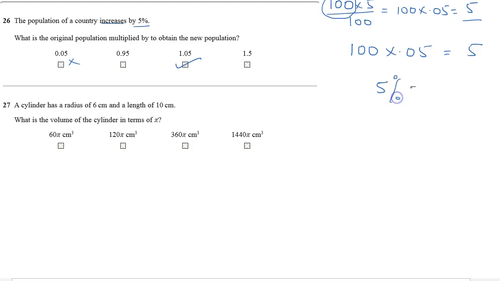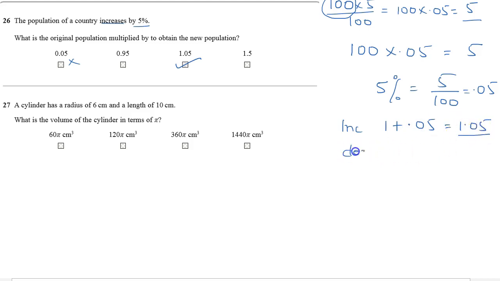So 5% is 5 over 100. That is 0.05. If it is increasing, that is 1 plus 0.05, that is 1.05. You have to multiply by this number.